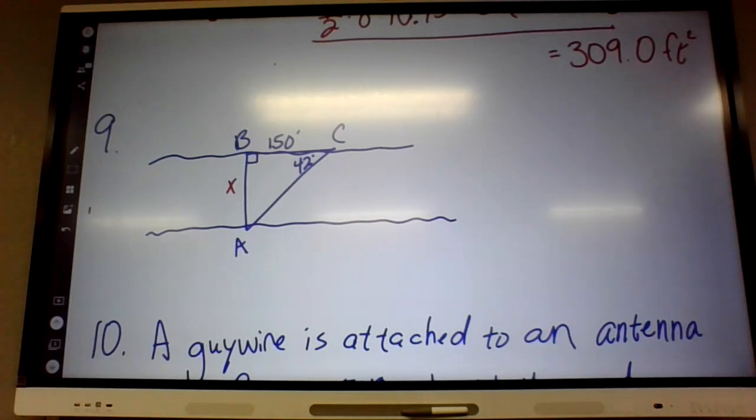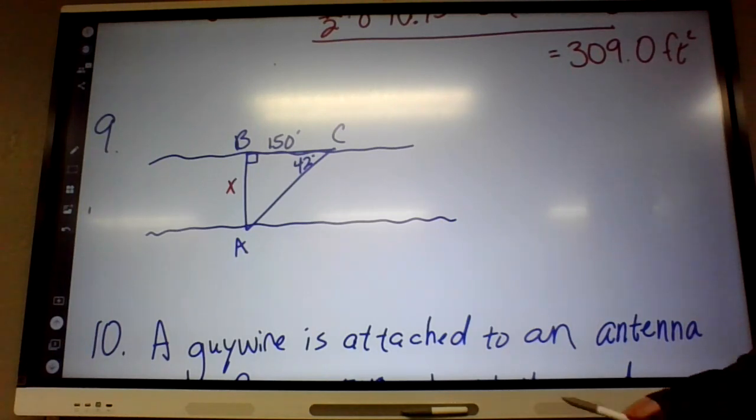Oh, I know how to do it. Okay, how do you do it? Because it's angle C, and it's the hypotenuse and the adjacent. So it's going to be cosine of C. Well, almost. If it was hypotenuse and adjacent, it would be cosine, but it's tangent. That's not the hypotenuse.